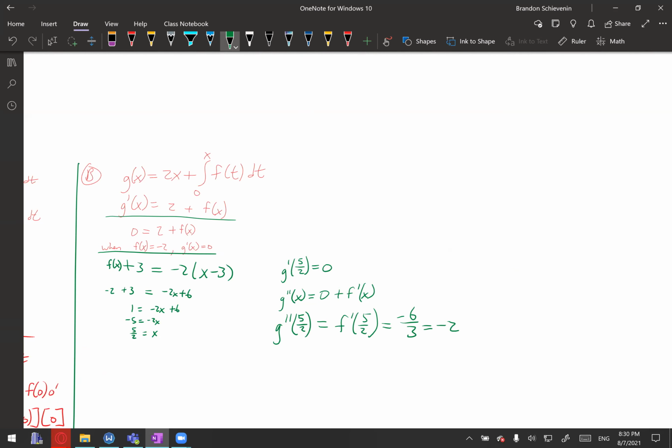Okay, last part of B. So we have a point right now where the slope is 0 and we are concave down. Is that a maximum or a minimum of g? Maximum, perfect. So slope is 0 at that point and we are concave down, so this would be a maximum.